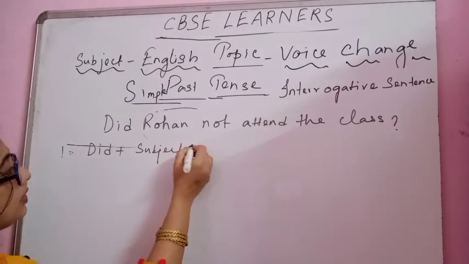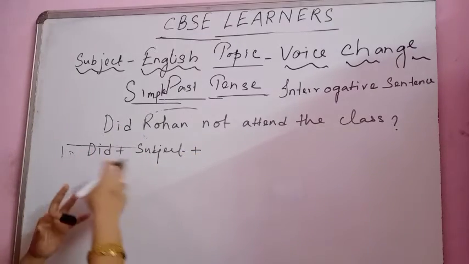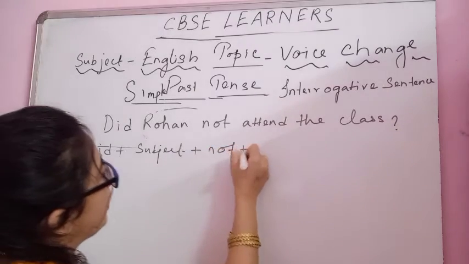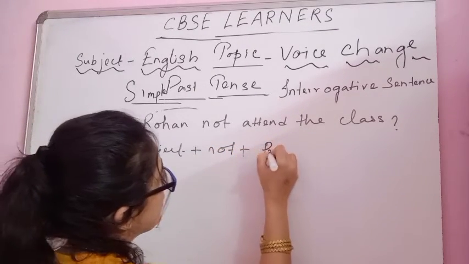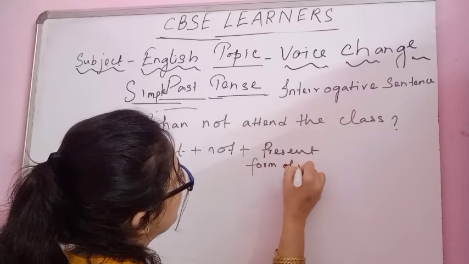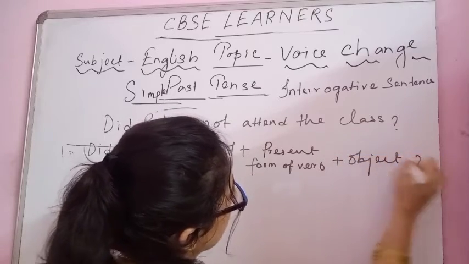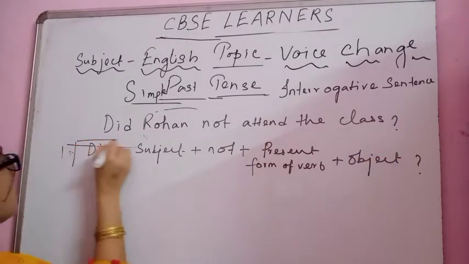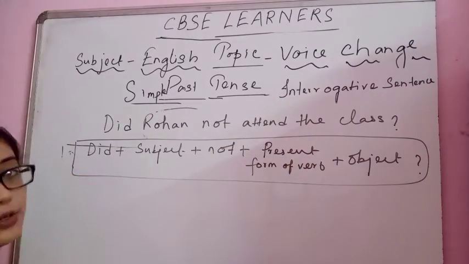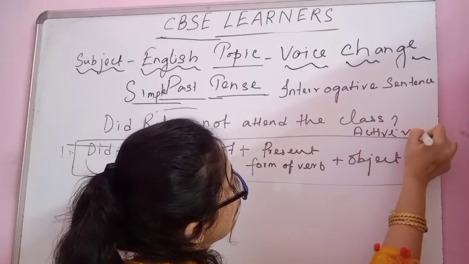So did plus subject, or if you are using didn't, then it will be didn't and then it will come the subject. Okay, plus not plus first form of verb or present form of verb plus object with question mark. Okay, so this is in case of active voice, in case of negative interrogative sentences. Okay, this is an active voice.